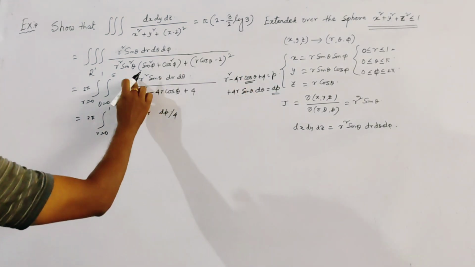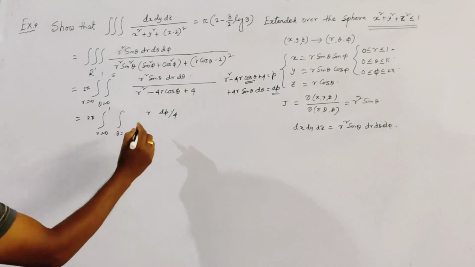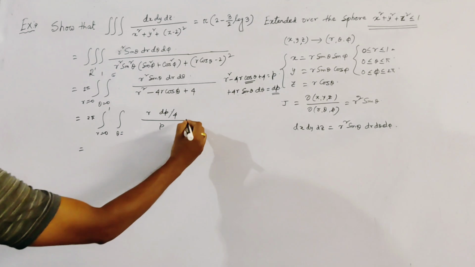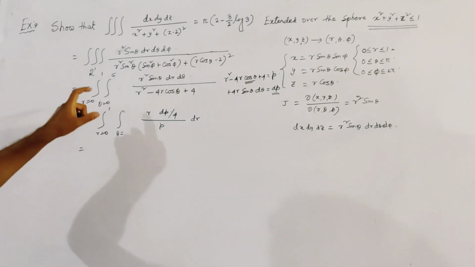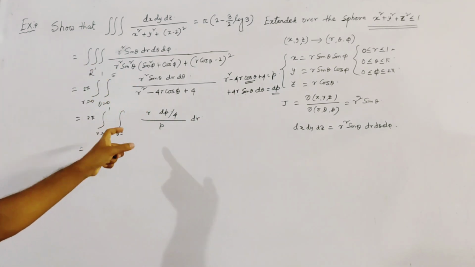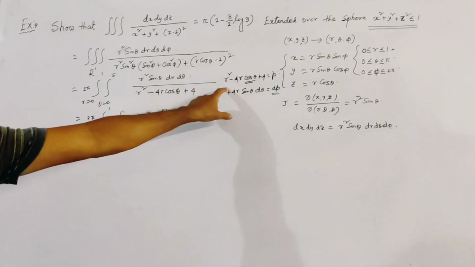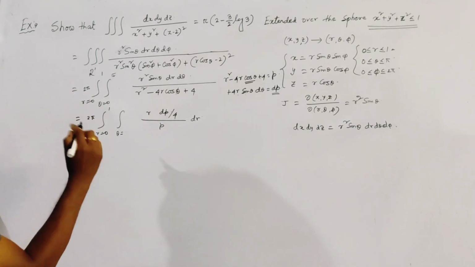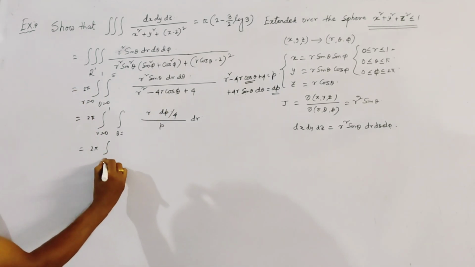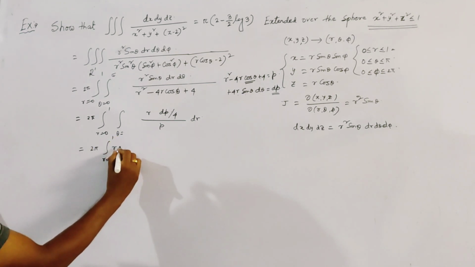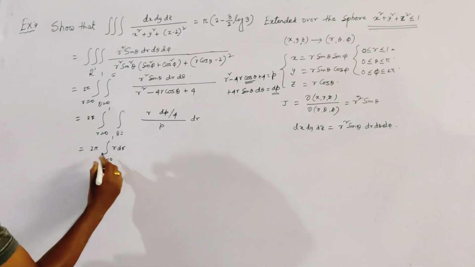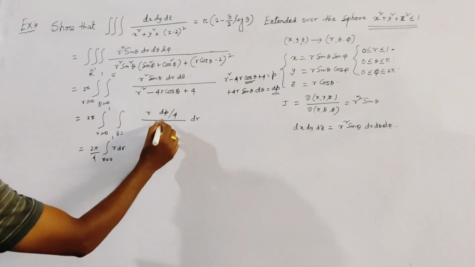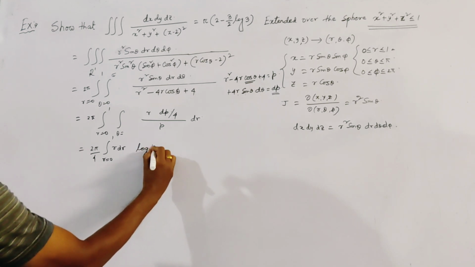One r remains unchanged here, and this term is p, and we get dr, because we cannot integrate r directly, since p contains the term of r. So by integrating with respect to p, we get 2 pi times the integration of r from 0 to 1 of r dr, with the 4 written outside of the integration, and from this term we get log p.